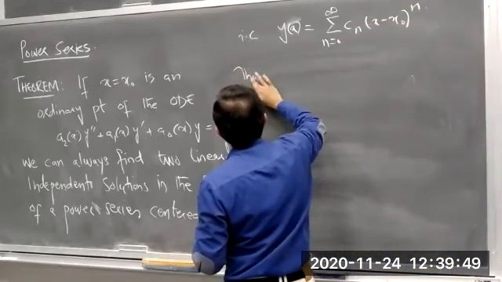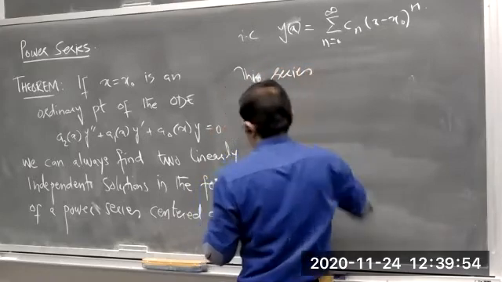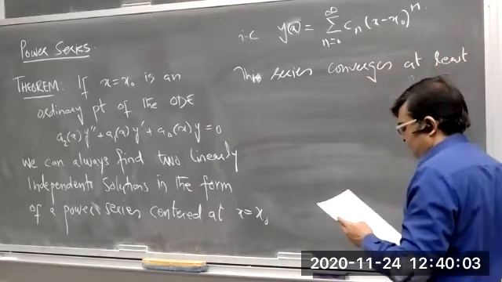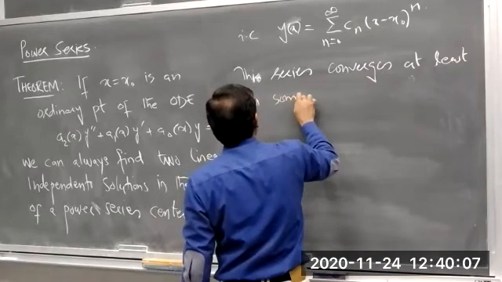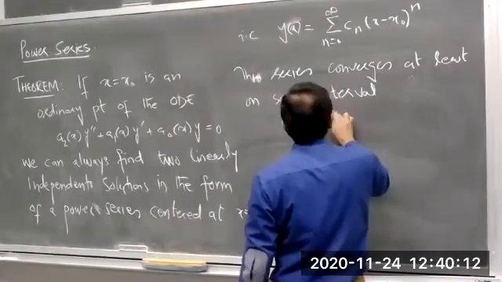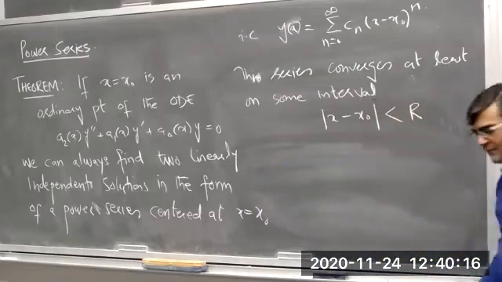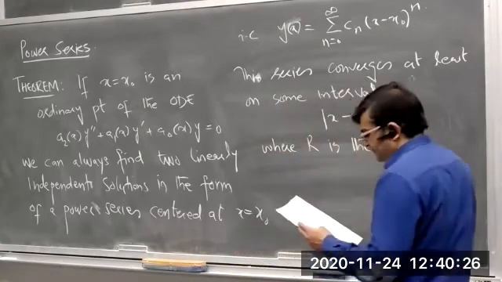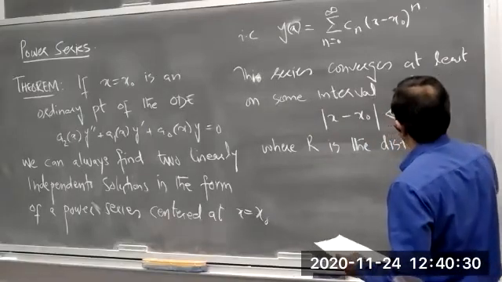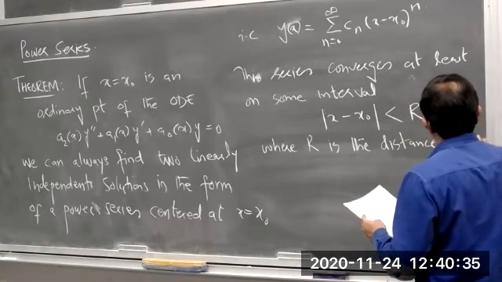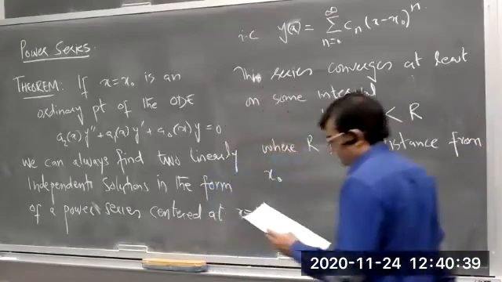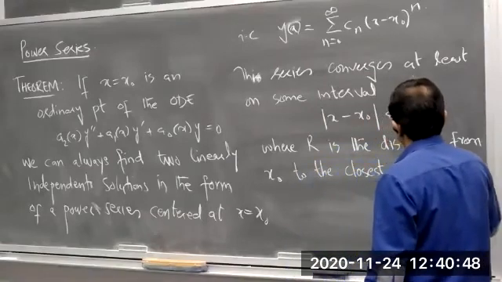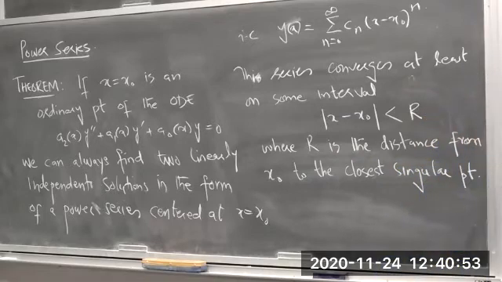This series converges at least on some interval mod x minus x naught less than r, where r is the distance from x naught to the closest singular point of the ODE, obviously.